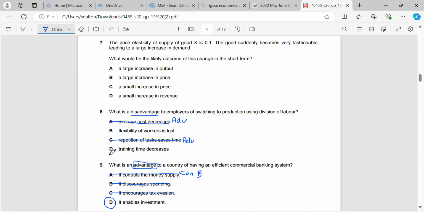And training time decreases. Again, what is that? That's an advantage for the firm or for the employer. They have to spend less time training their employees. Disadvantage, flexibility of workers is lost. So what do we mean by that?